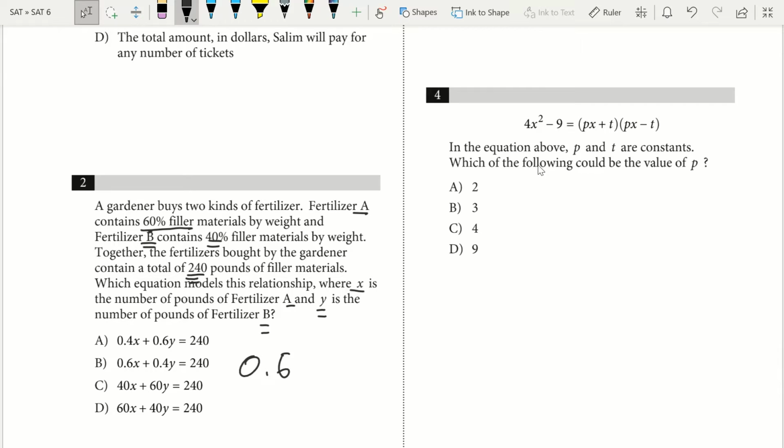That's going to be 0.6X, the total weight of the filler material for fertilizer A. And then we're also going to have plus 0.4 because we have 40% filler materials for fertilizer B, and Y is our variable for the number of pounds of fertilizer B. So we're going to have plus 0.4Y. And our total is 240 pounds of filler materials, so we're going to equal 240 pounds. We find which equation matches ours, and that is B.